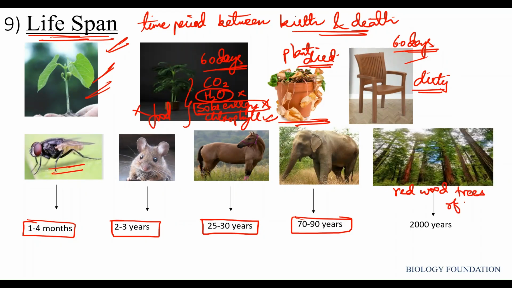These redwood trees have a very huge lifespan, which is around 2000 years. Man also can't survive that long, right? Human lifespan is on average around 70 to 80 years, right? But these redwood trees of California survive for around 2000 years. So basically, any living organism has a definite lifespan. It is the period from birth to death. Okay.